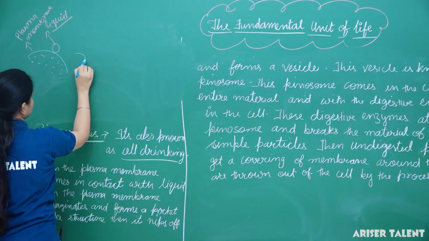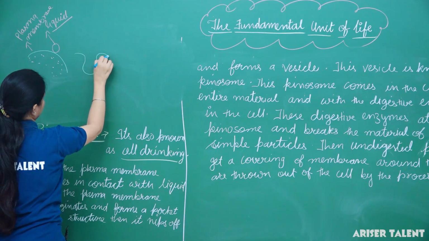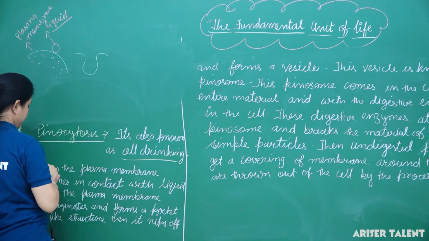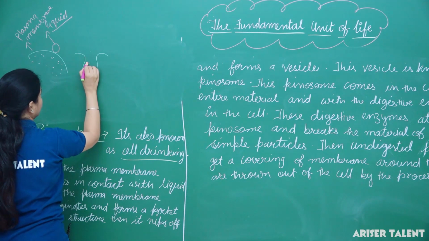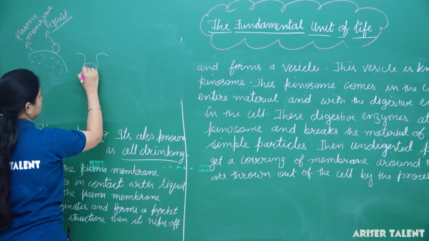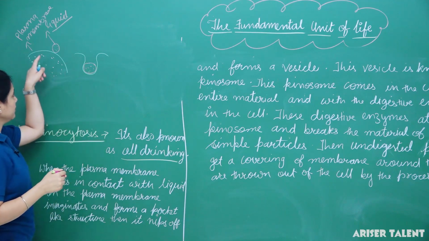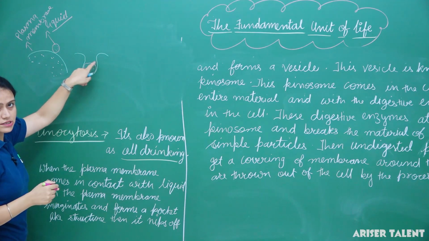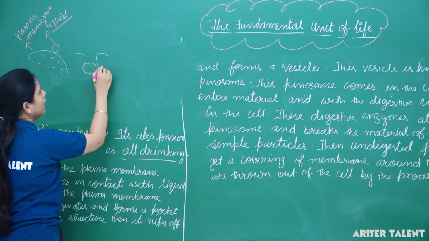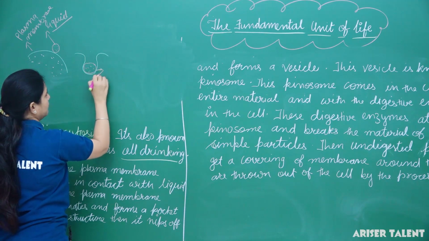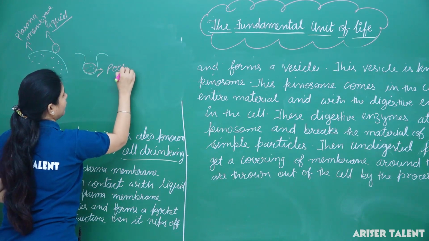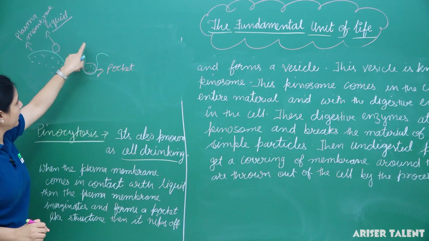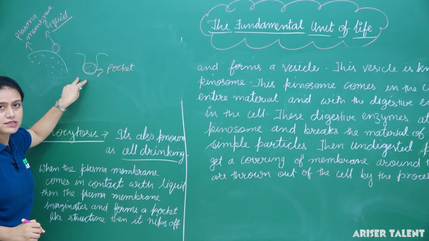It invaginates and the liquid drops get inside here. So when the plasma membrane comes in contact with the liquid, it invaginates. Here we can say it has formed a pocket. The plasma membrane has made a pocket-like structure and has taken the water droplet inside it.